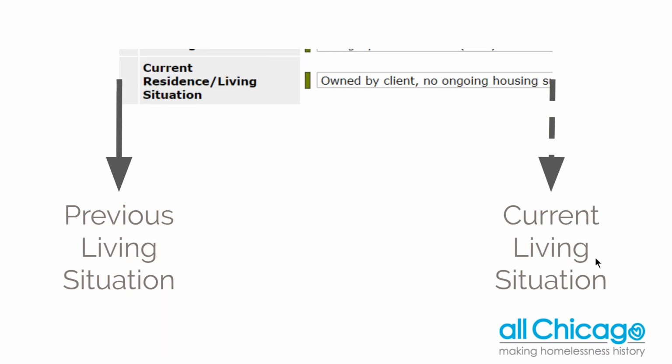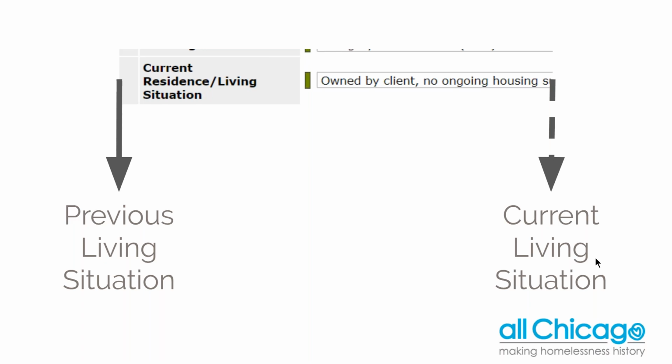If you were to go through this assessment, you would answer that the previous living situation is a place not meant for human habitation, since they're living on the bus, on the CTA. And the current living situation for that client is going to be emergency shelter because they're coming into your emergency shelter.